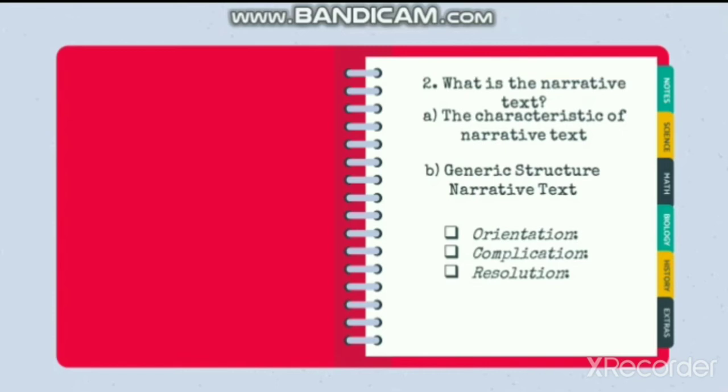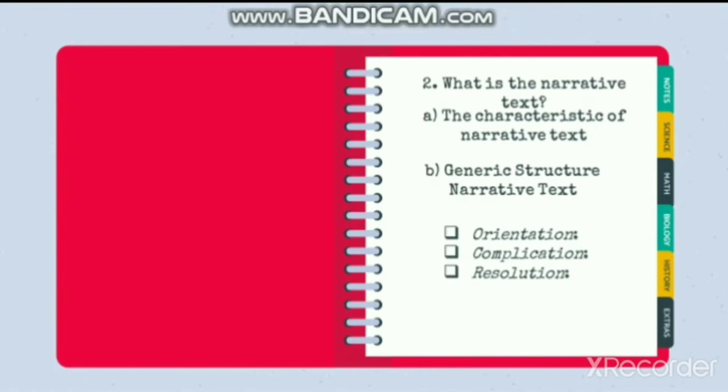The point is narrative text is a kind of retelling in words of an event that happened. Narrative is not the story, but the way of telling. Telling a story is called narrative. There are terms like written narrative, oral narrative, and others.